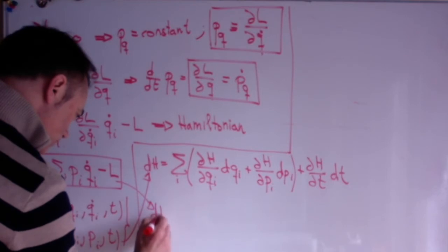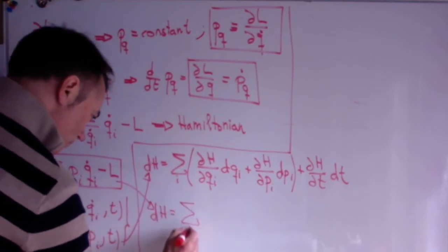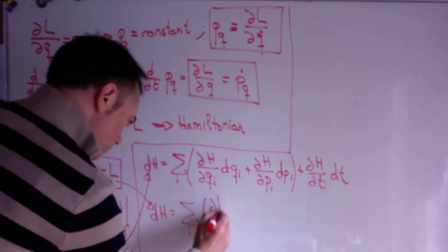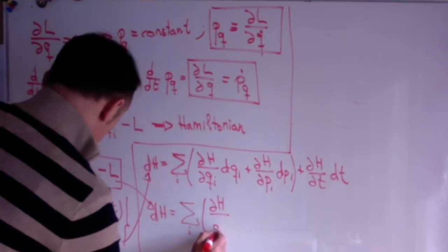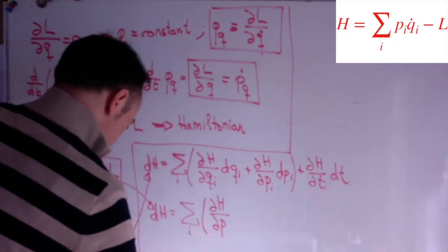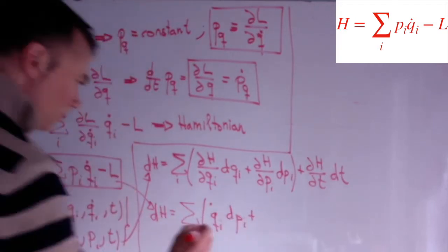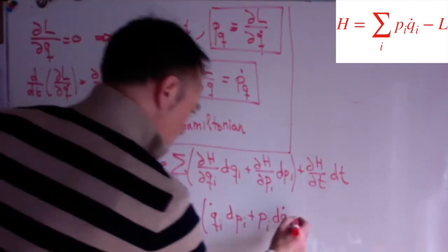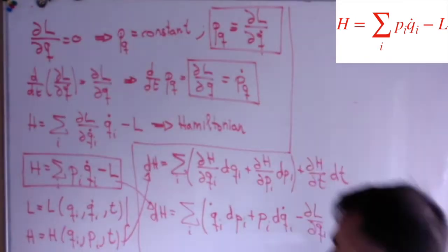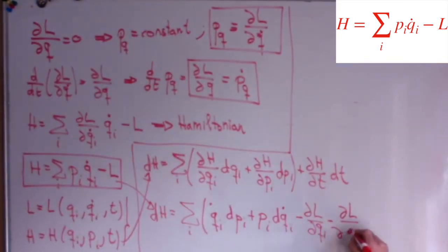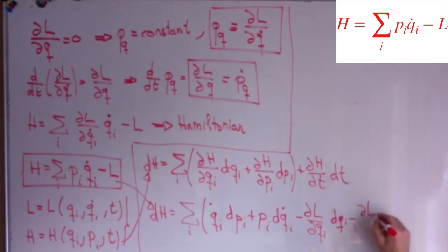Now, using the definition of the Hamiltonian, we write also this as the sum of q dot dp plus p dq dot minus the partial of L with respect to q dq minus the partial of L with respect to q dot dq dot minus the partial of L with respect to time dt.